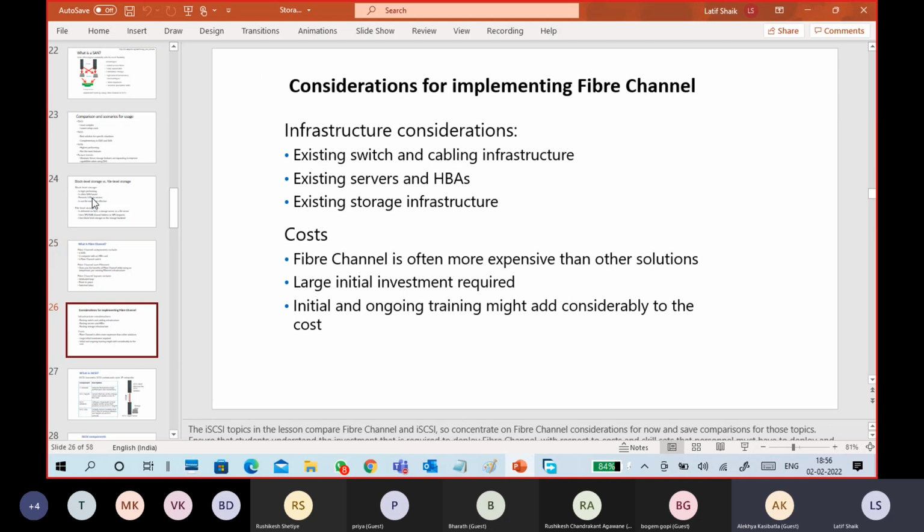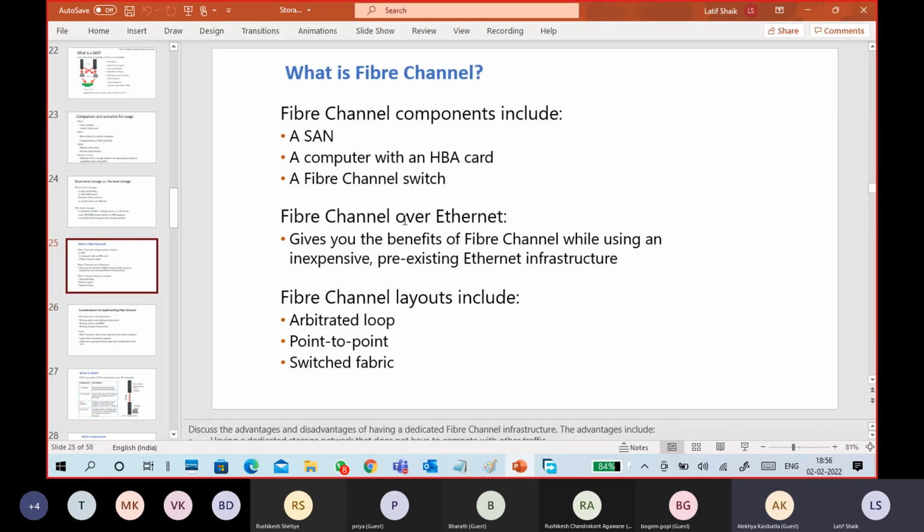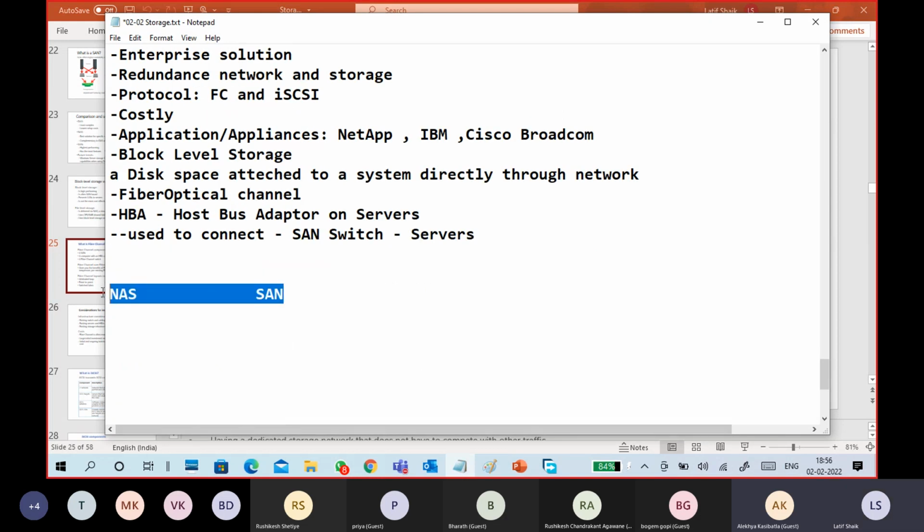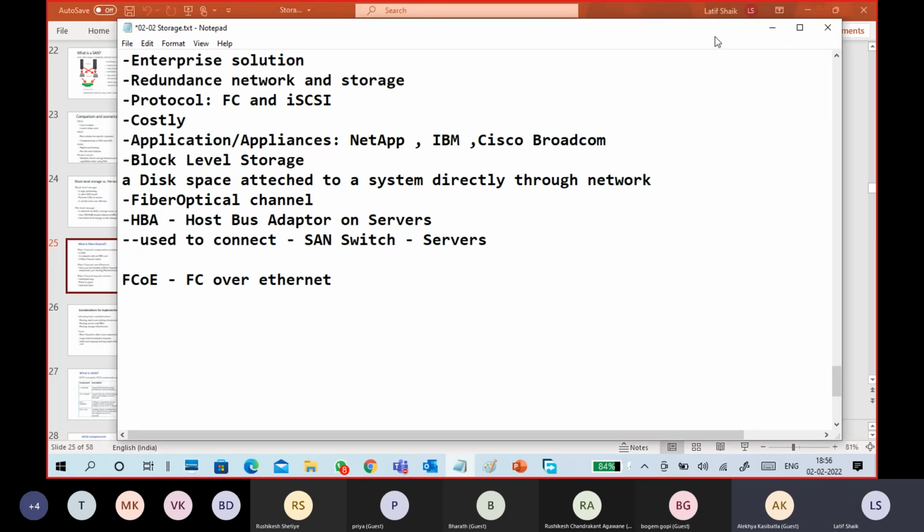Few other pieces of information are also there. FCoE, FC over Ethernet. It means, guys, for example, my network is fiber optical. Now I want to send data through my LAN network or maybe a public network.